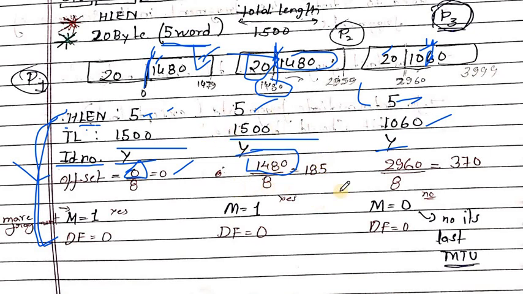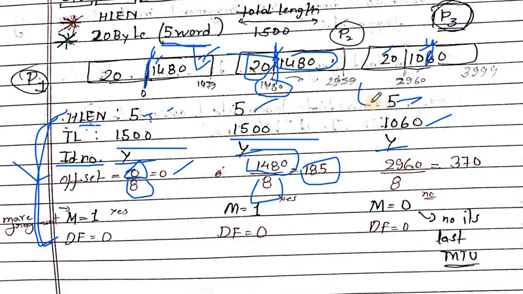1480 divided by 8, because we want to put the offset value in the form of words, and each word size is 8 bytes. So we divide the offset value by 8.